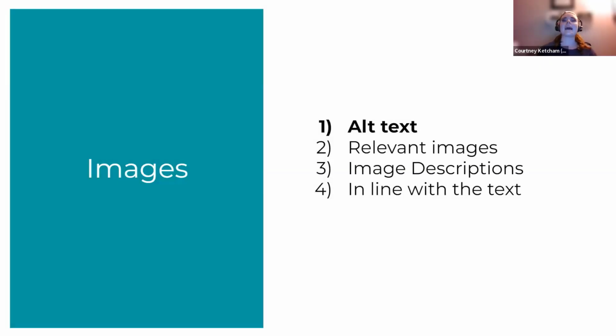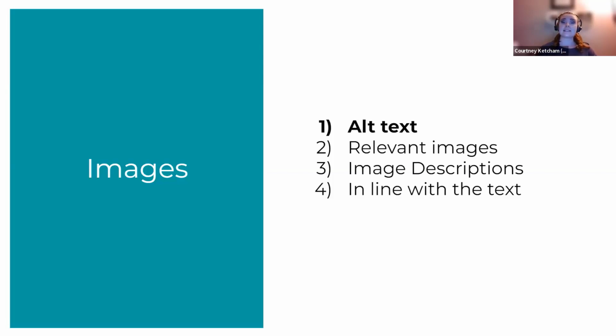As a recap, again, all images in your document need alt text if they are relevant to your content. If they are not relevant to your content, if you are just including an image in your document, in your content as decoration, please make sure that you mark that box, especially if you're using Microsoft Word, and mark as decorative.